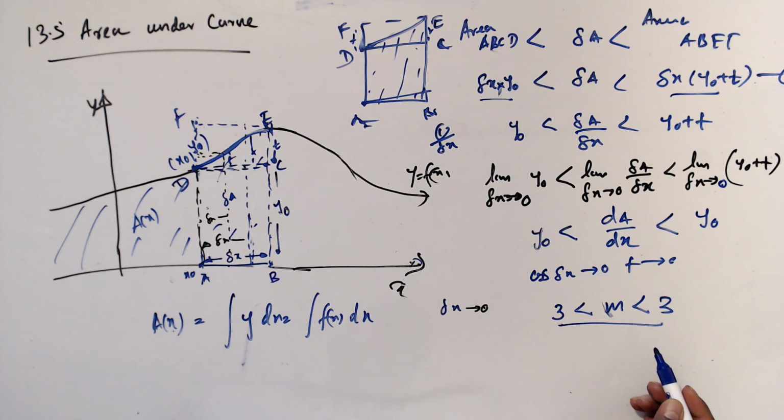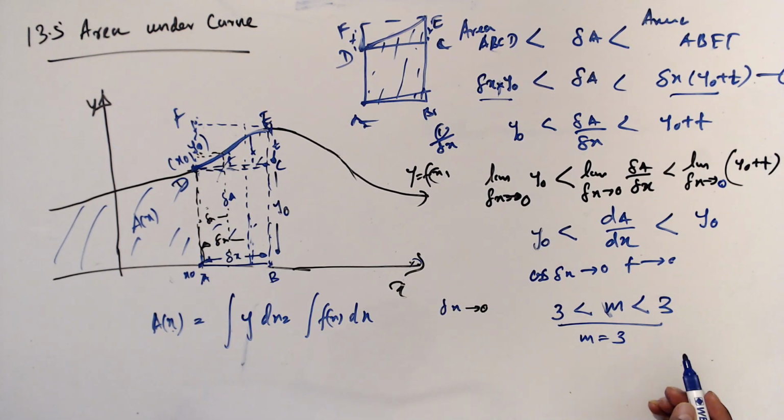So your conclusion should be m equals 3. There is no other possibility. So we have to apply that here.